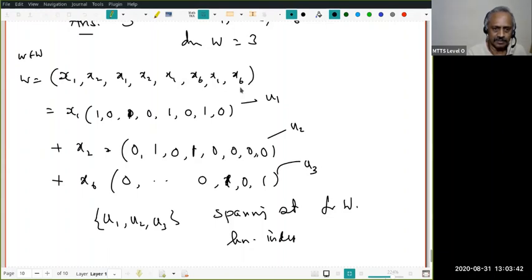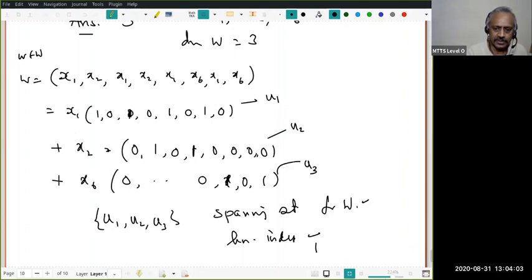That means equating component-wise, what you find is a1 is 0, a2 is 0, a3 is 0. You understand that? That means x1 is 0, x2 is 0, x6 is 0, right? Therefore, it's linearly independent.